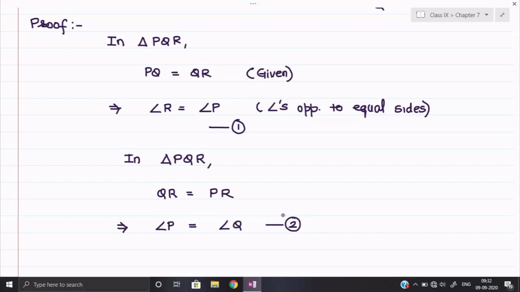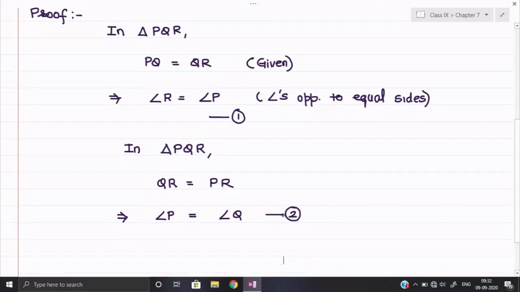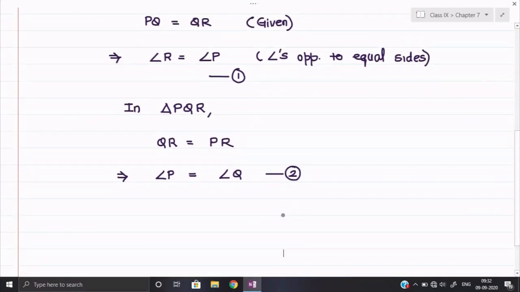Suppose in equation number 1, R and P are equal and their value is, for example, 50 degrees. Since angle P is now fixed at 50 degrees, in equation number 2, if P and Q are equal, angle Q is also 50 degrees, so all three angles would be 50 degrees each. However, it is not true that they are 50 degrees, but one thing we can conclude: they all are equal.